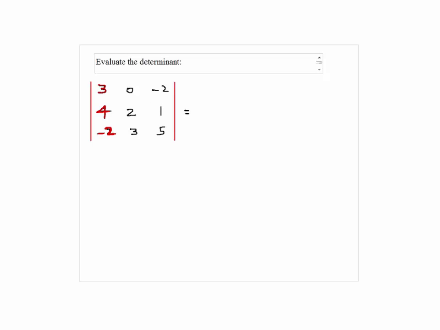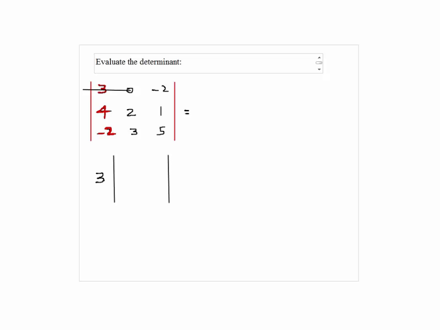So over here I have 3, whose sign is positive, times... to see what matrix you need to multiply this with, you draw an imaginary line through 3. If I draw a horizontal and vertical line through 3, let's see what I get.